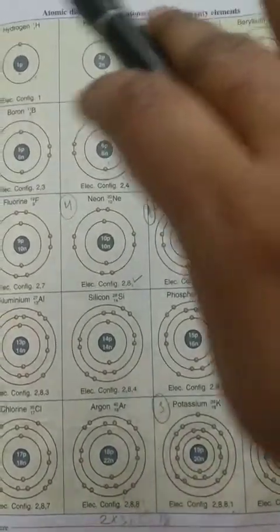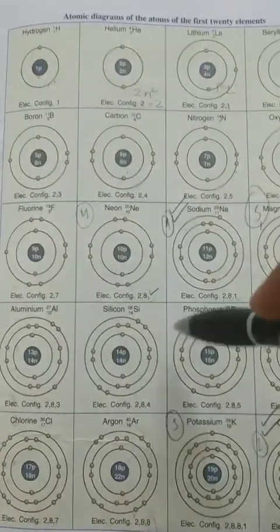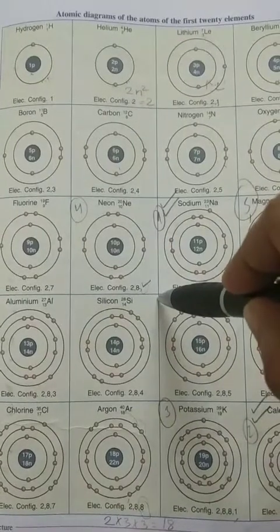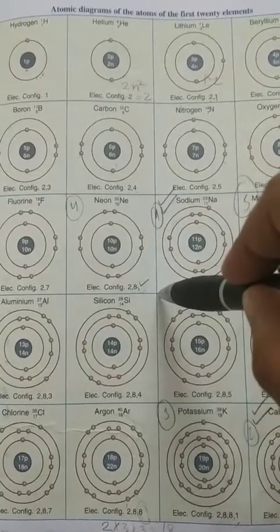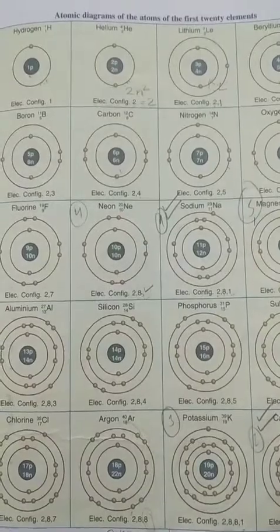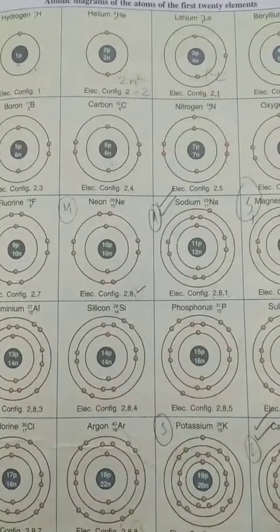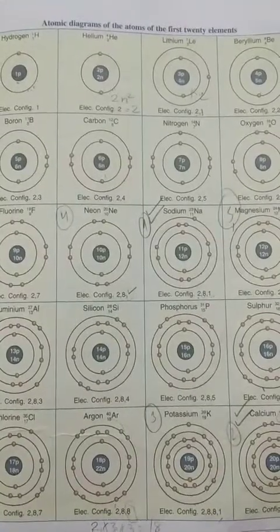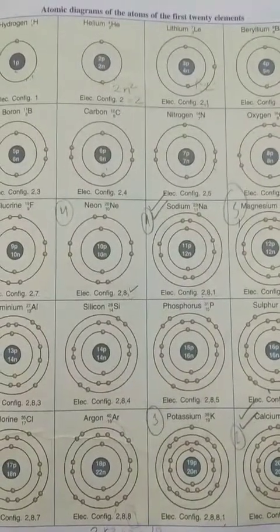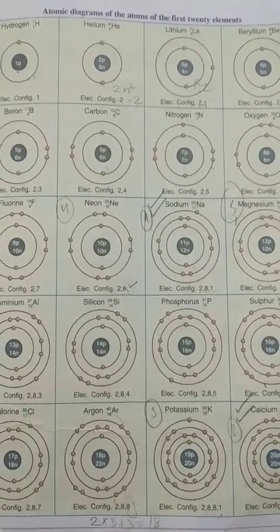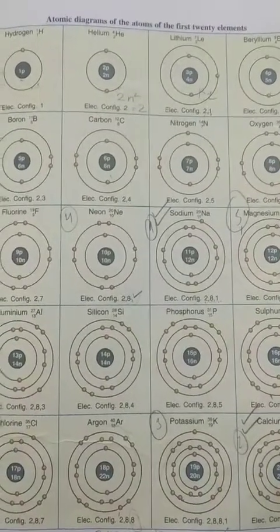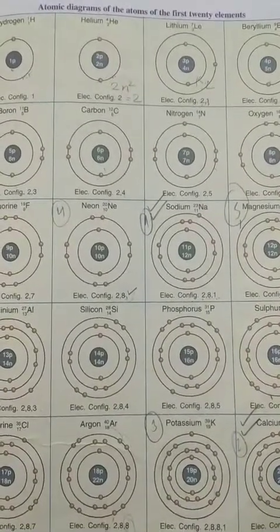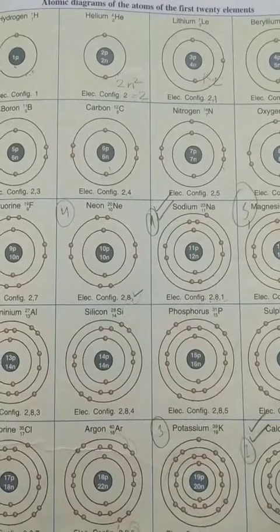They want to be stable and inert. They want to be like noble gases. Okay, so all of them would want that their outermost shell should be complete. In order to satisfy this, they try to complete their outermost shell by either giving electrons or taking electrons.